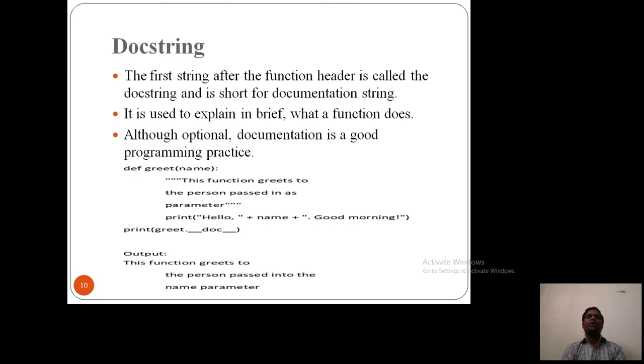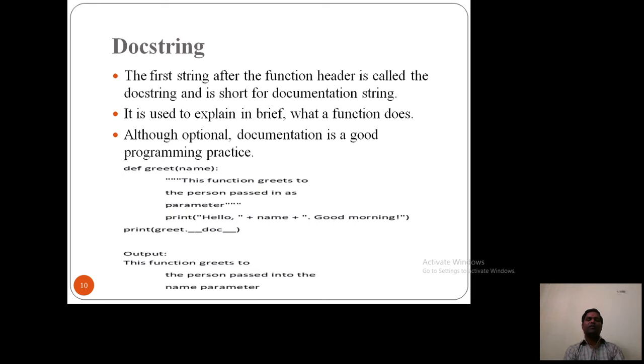In short form we know it as the documentation string. It is useful to explain briefly what the function does. We can write the definition of that respective function in the docstring. Although it's optional, documentation is a good programming practice. So the docstring concept is optional in our function, but whenever you have a docstring, that is known as good programming practice.